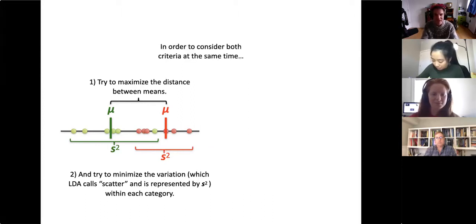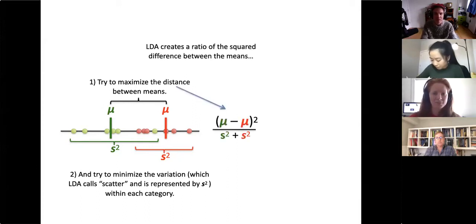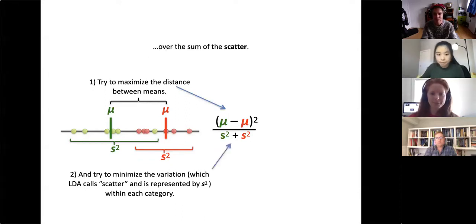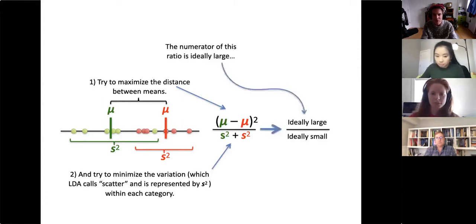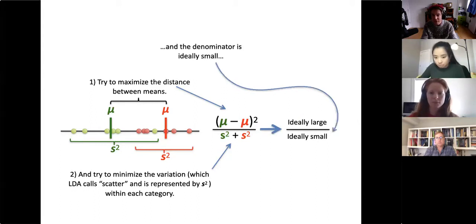So, in order to consider both criteria at the same time, LDA creates a ratio of the squared difference between the means over the sum of the scatter. The numerator of this ratio is ideally large, and the denominator is ideally small.